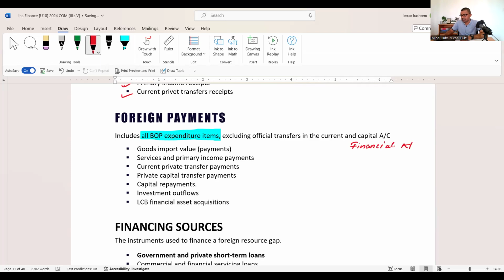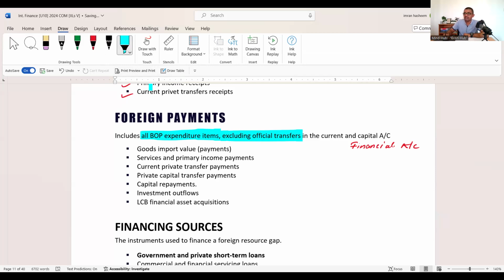Okay, even financial account is a bit relevant. That's what we are saying. Right. So look at the items. And again here, another important thing to remember is excluding official transfers. Whether they are in the current account or capital account, we exclude them. No, don't take. So the blanket rule to remember is official transfers are not relevant for inflows as well as outflows.